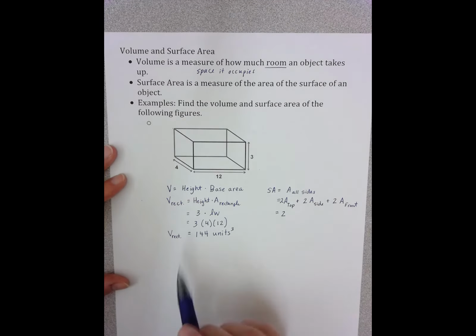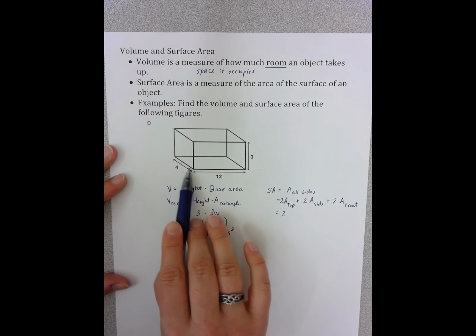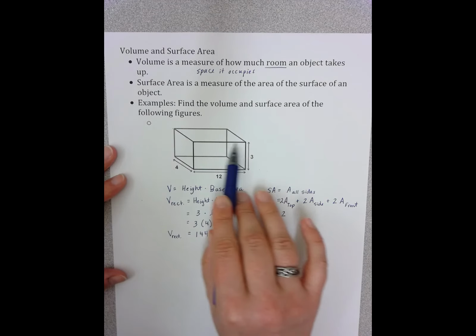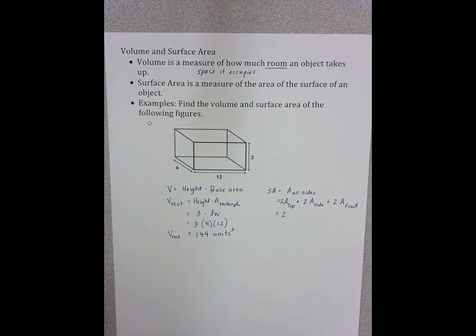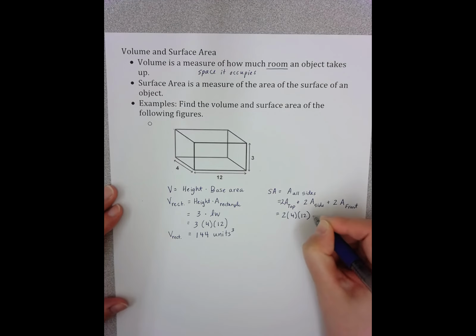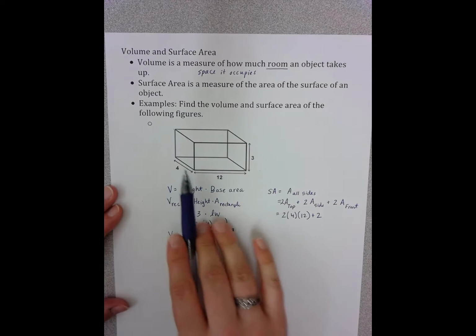So for the top, my length is the same as what's indicated here, so 4 times the length, which is 12. So I would say that my area is 2 times 4 times 12, plus 2 times my area for the side.